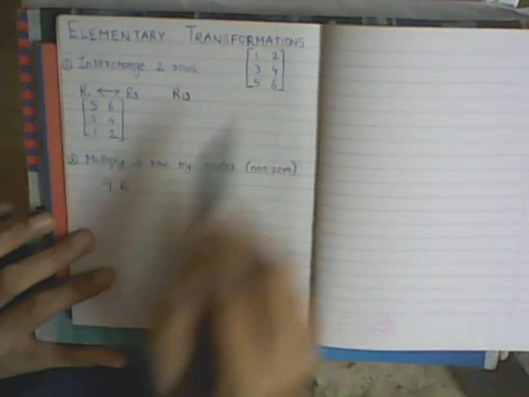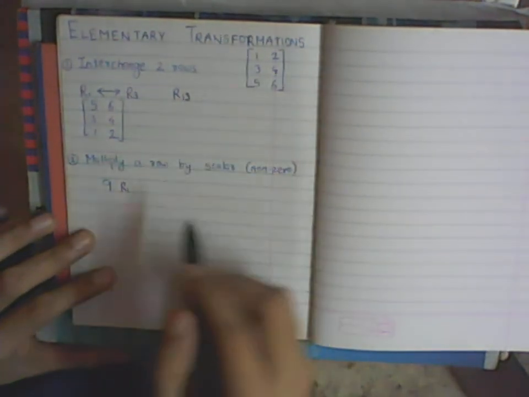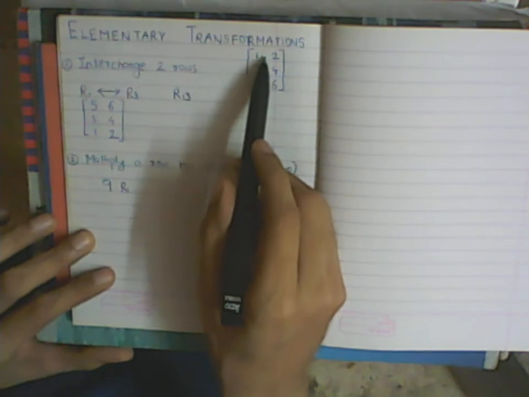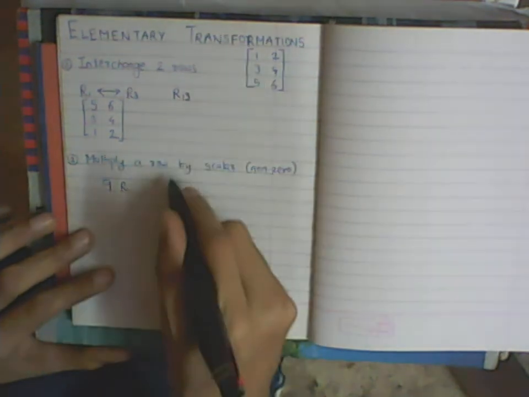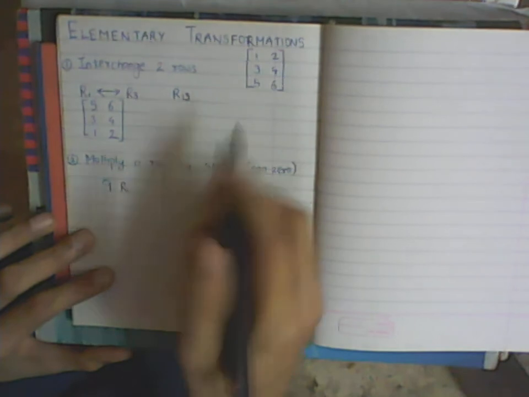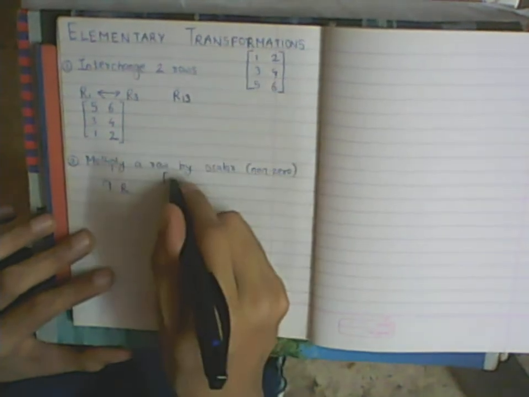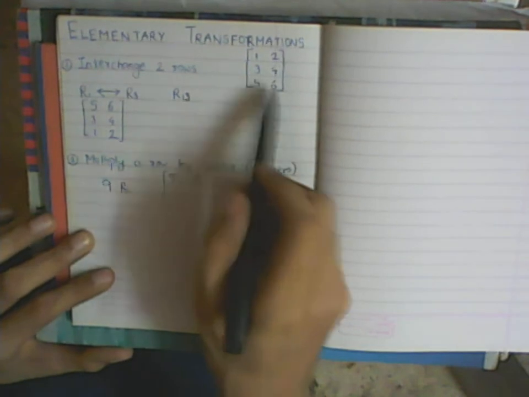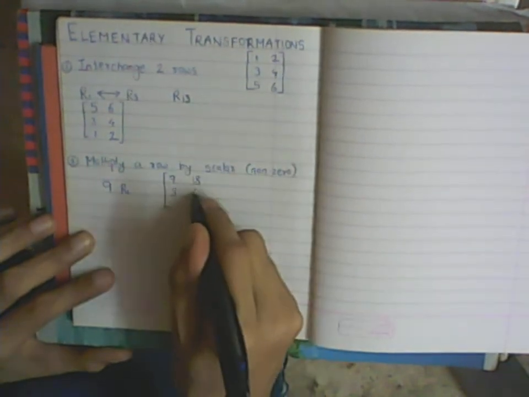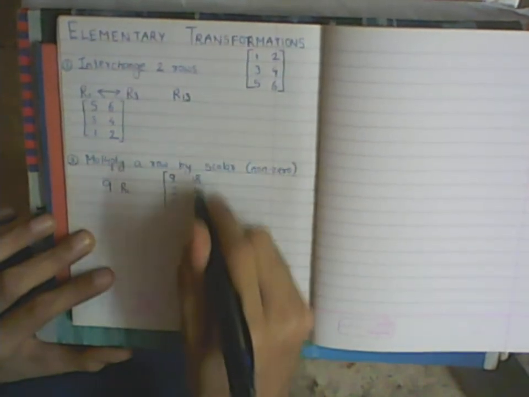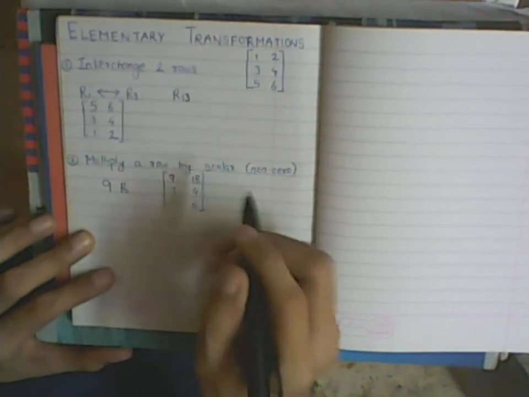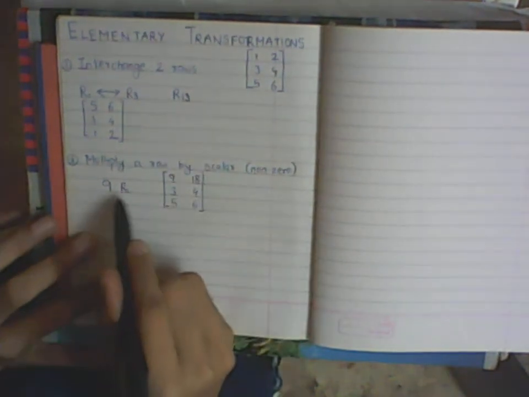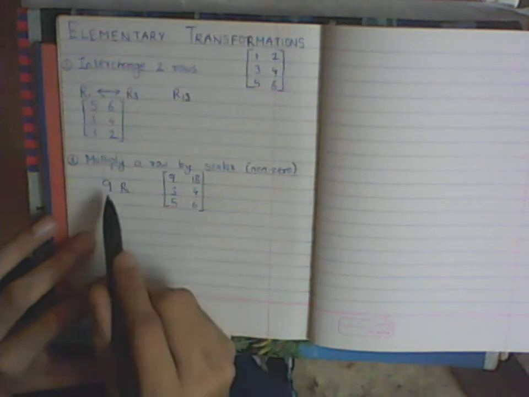When I apply this transformation, the first row gets multiplied by 9. The first entry becomes 9 times 1, which is 9. The second entry becomes 9 times 2, which is 18. Everything else remains the same: 3, 4, 5, 6. This is how you denote multiplication by a non-zero scalar.